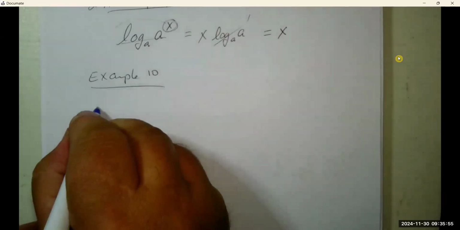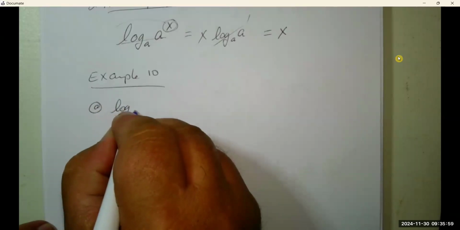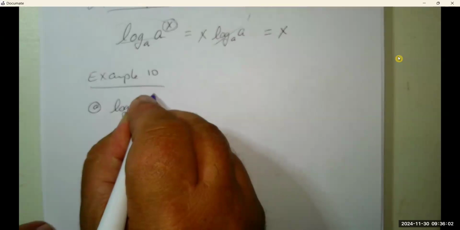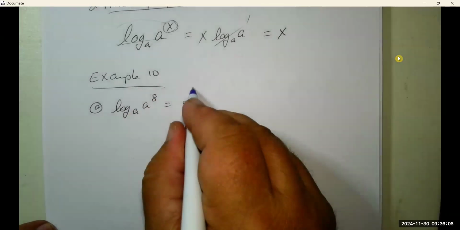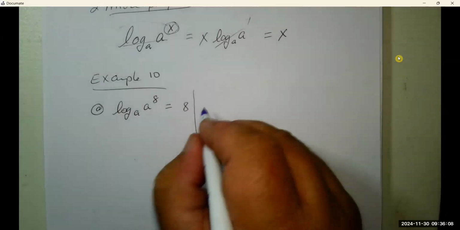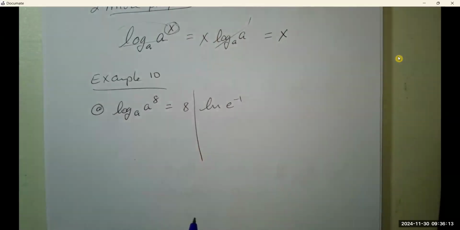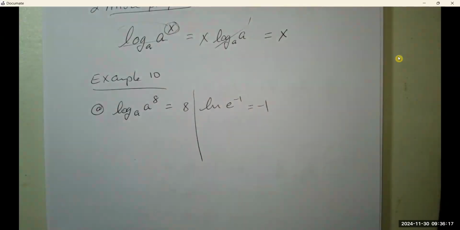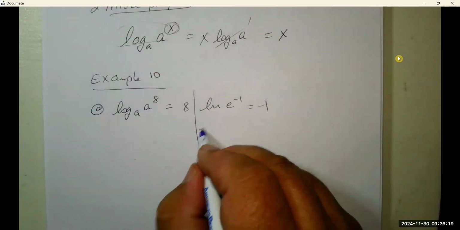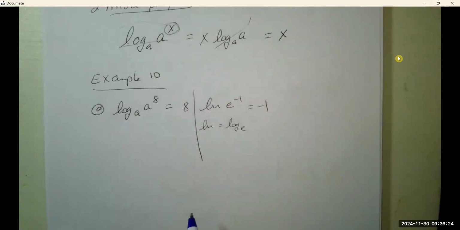So whenever you have the same bases, those cancel out. You just have whatever the exponent is. Let's look at example 10. So we have log base a of a to the 8th just equals 8. ln e to the power -1 equals -1. The reason, because ln is equal to log base e.